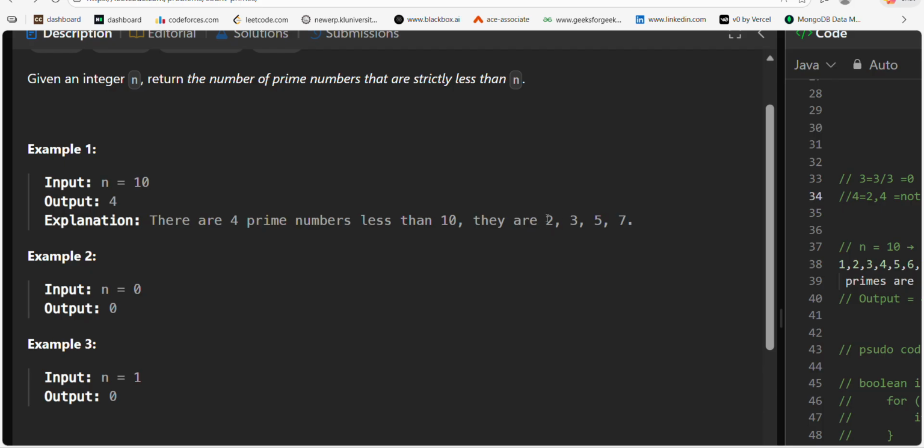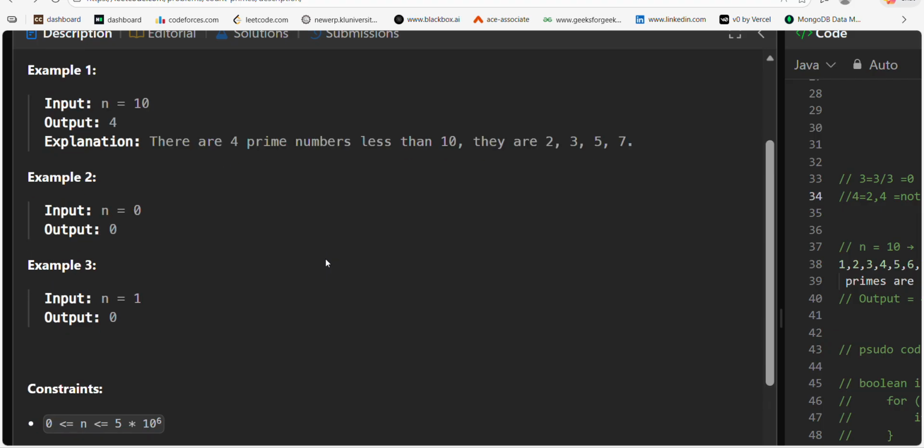They are divisible by themselves only, and not by any other number, that's why they are prime. So the output will be 4: 1, 2, 3 and 4.